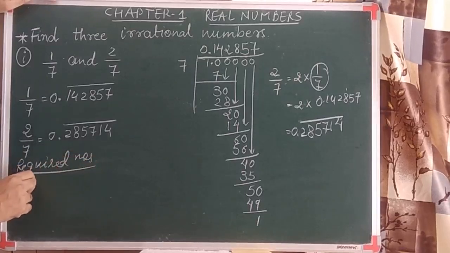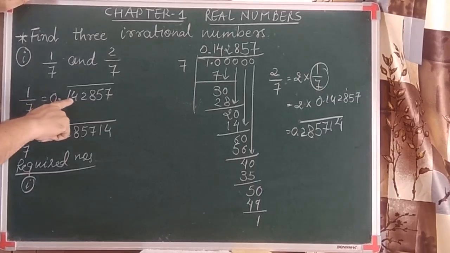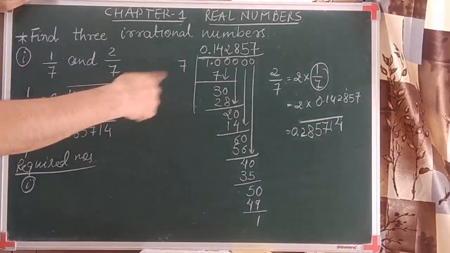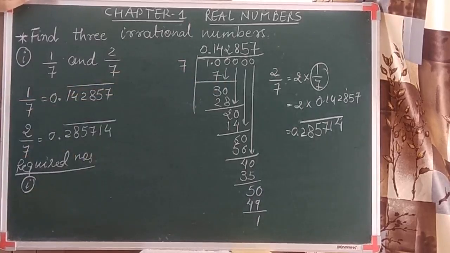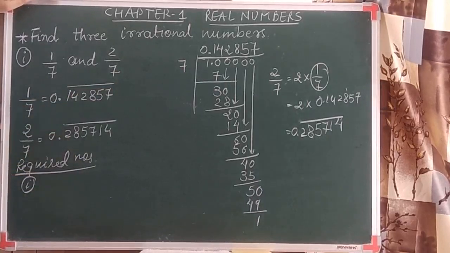Again, irrational numbers are non-terminating, non-reoccurring numbers. I repeat, non-terminating and non-reoccurring numbers. These are non-terminating but reoccurring numbers, because these 6 digits are reoccurring. So we have to write such numbers which lie between these two, but the numbers must be non-reoccurring.